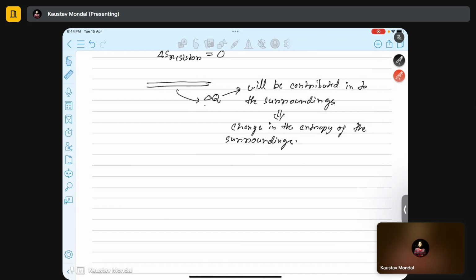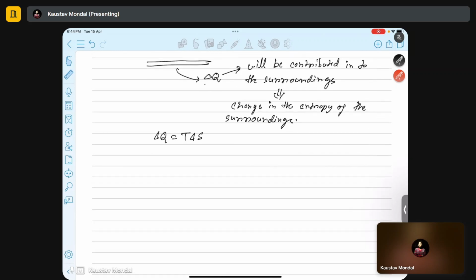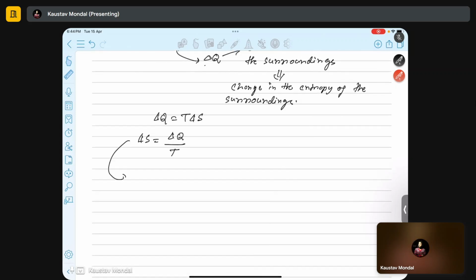Now from this dq, how can you calculate the dS, the change in entropy? For that we already know delta q is T delta S, right? So delta S should be simply delta q by T. So for this case, delta S of the surroundings would be simply delta q.